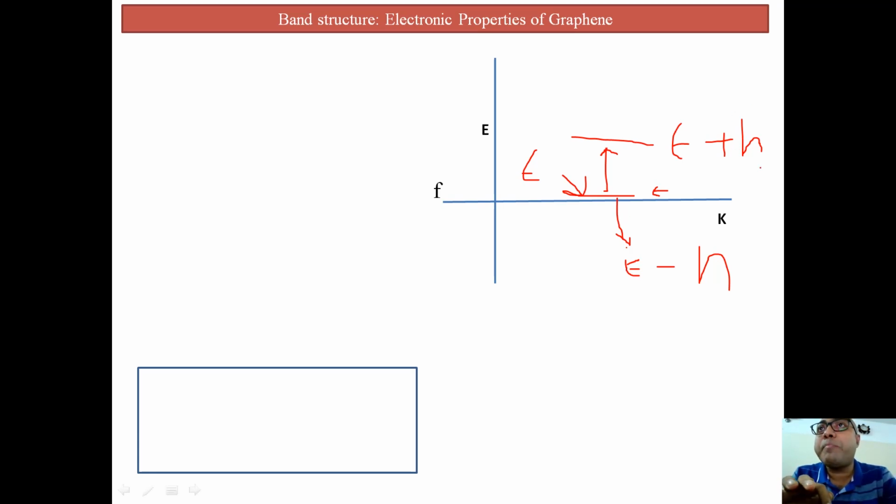So if you can somehow make h equal to 0, that means we are very close to F or k. Remember, F or k always being in the middle is not trivial, because if you dope it, it will vary. In that case, we can work with the previous E-k diagram.